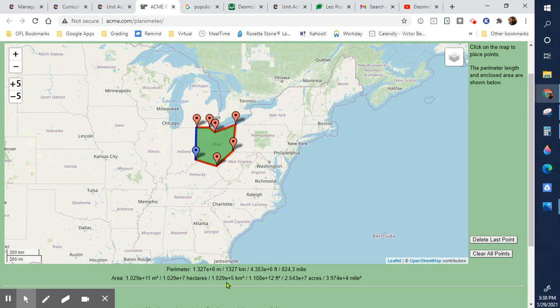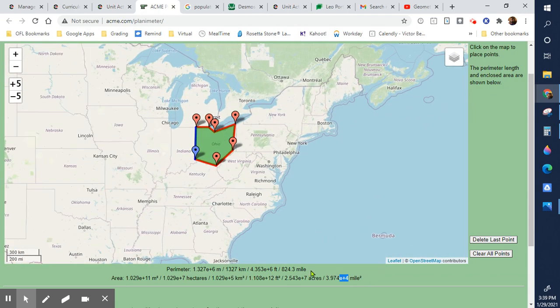So if I do mi squared, I hate how this formats it. This little e is times 10 to the 4 power. So in other words, it's saying move it 4 decimal places over. So if I did that, I would get, let me write on here.